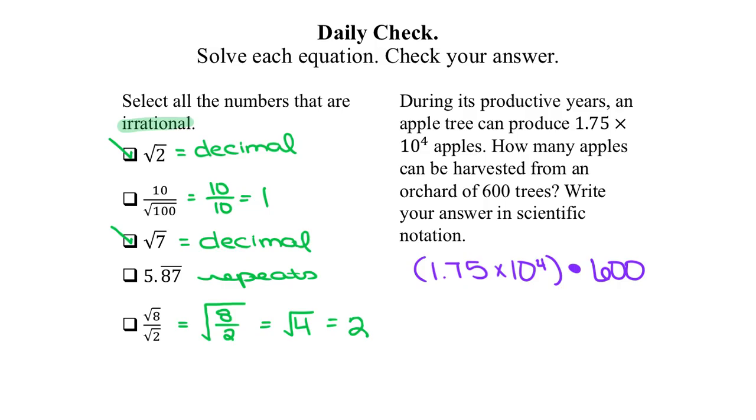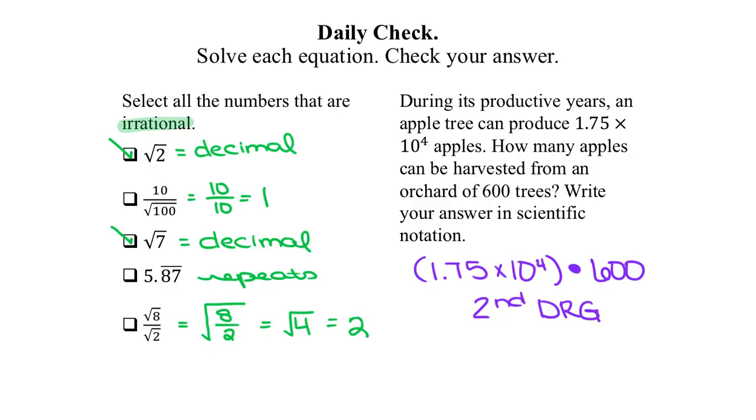So this becomes multiplying. Now, if our calculator has to be in scientific notation, what is the calculator sequence that we need to keep in mind? Second DRG. Good. That is something to remember since it specifically says your answer needs to be in scientific notation.